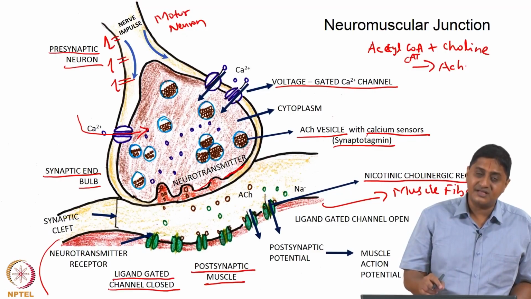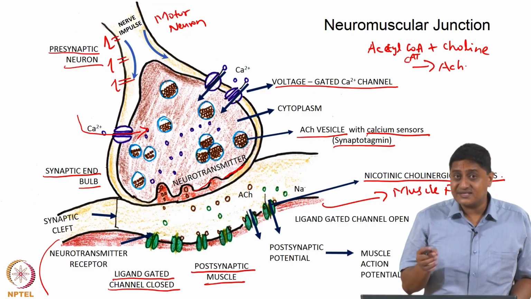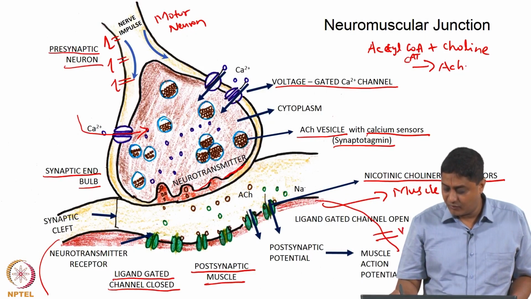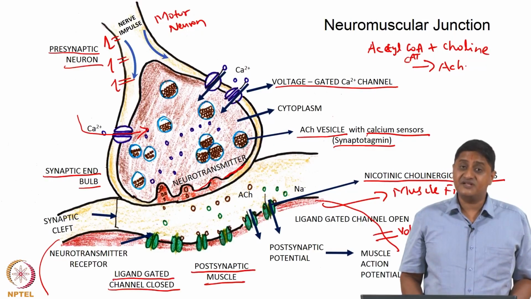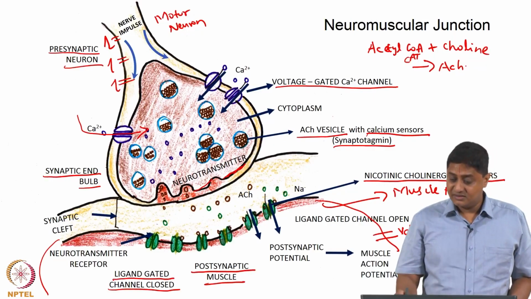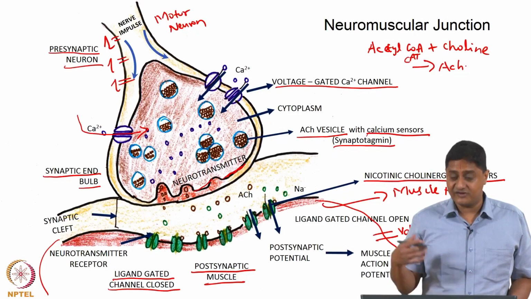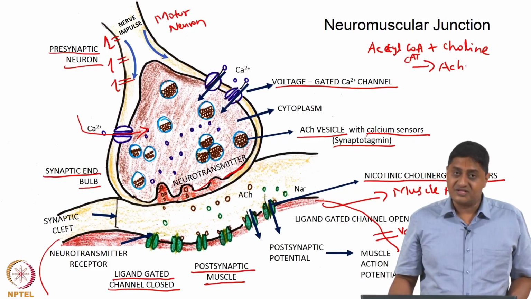The channel opens and lets in a lot of sodium, and this influx of sodium could, for example in this muscle fiber, take a voltage gated sodium channel to threshold, causing a greater influx of sodium and an action potential in the muscle fiber.